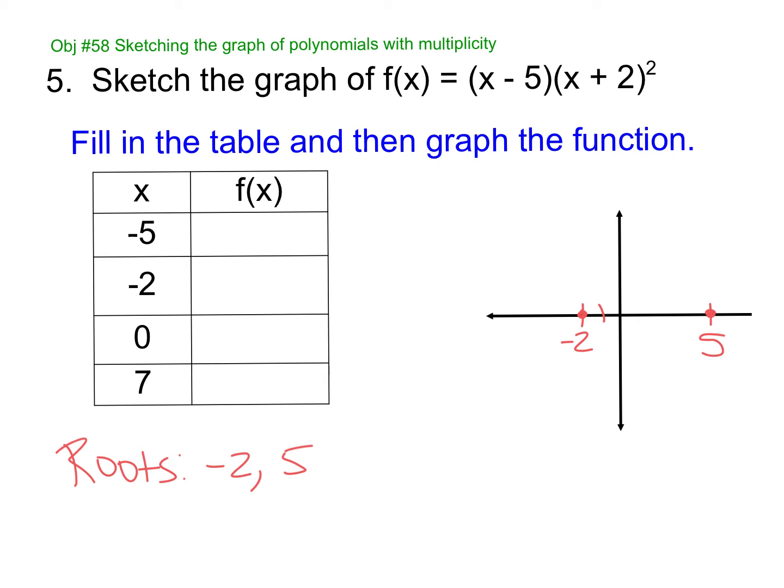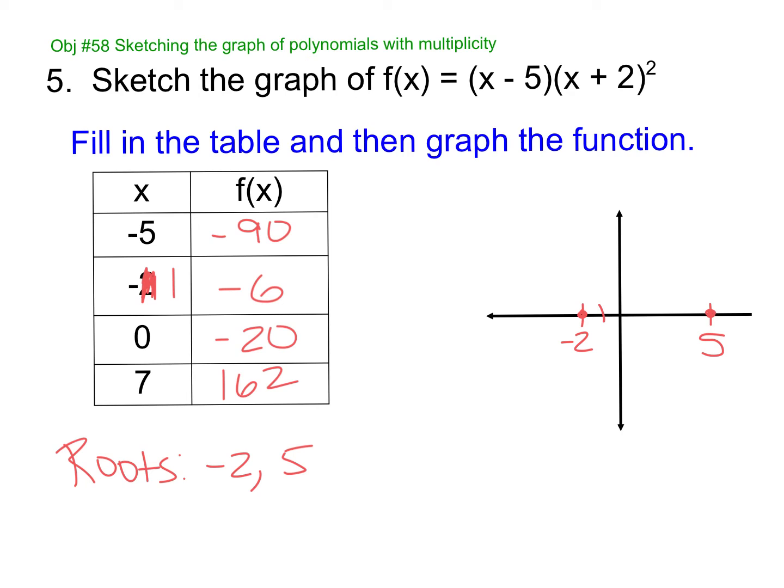So what I want you to do is plug in -5, -1, 0 and 7. Find the y value. Grab your calculator and plug in. What do you get? I got -90, -6, -20, and 162.